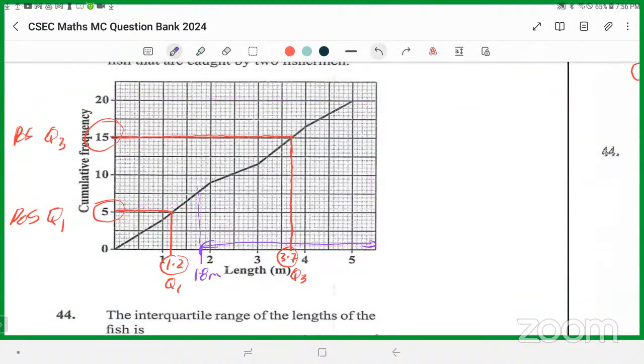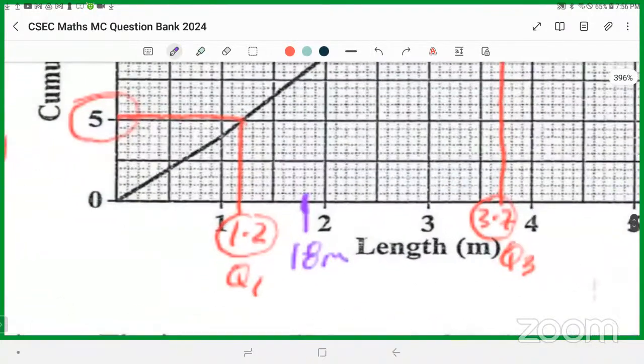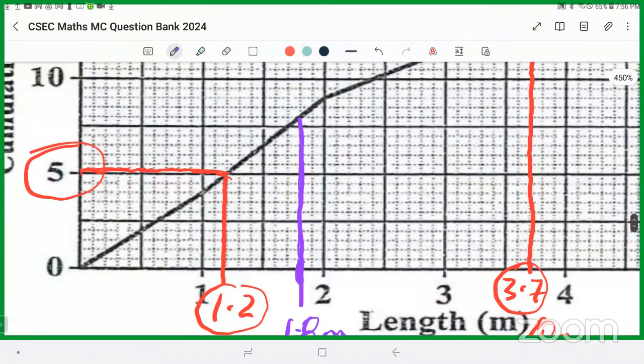What we can do is find how many are less than 1.8 and subtract that from the 20, and you put that probability out of the 20. So what does the 1.8 correspond to? Careful now. 1.8 is this line. Come up on the graph here. The graph is going to tell us how many get less than 1.8, and I want how many get more. Come across and read it here.